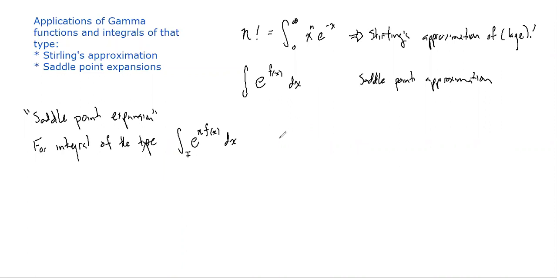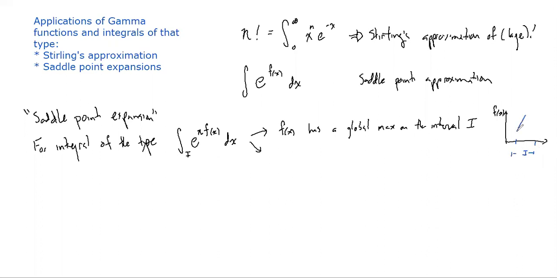So there are two possibilities. Possibility one is that f of x has a global maximum on the interval, which is to say, if I plot f of x versus x, it's going to look something like this. So here's my interval over which I'm integrating.